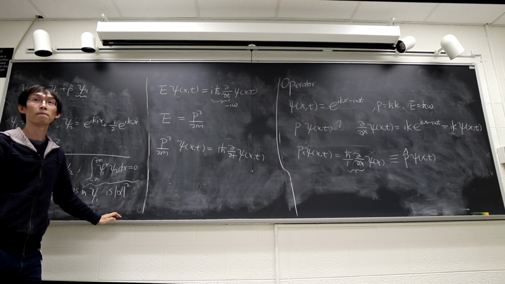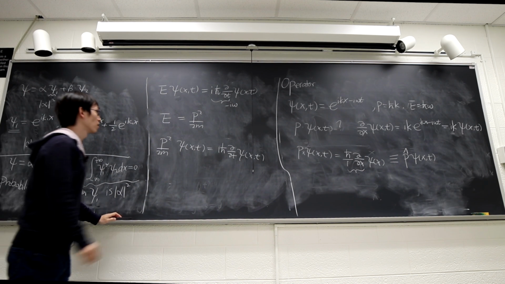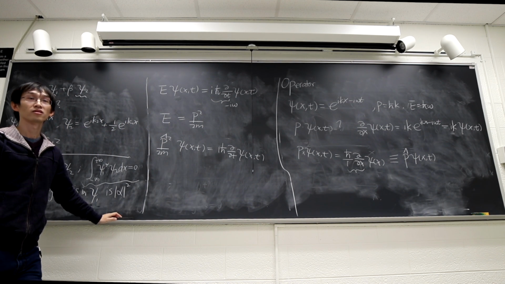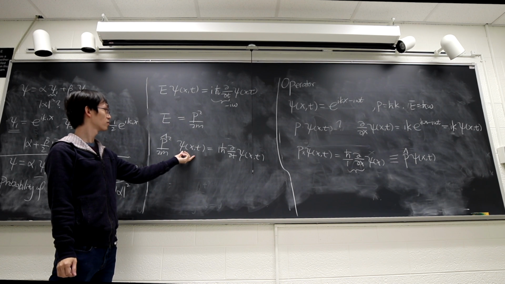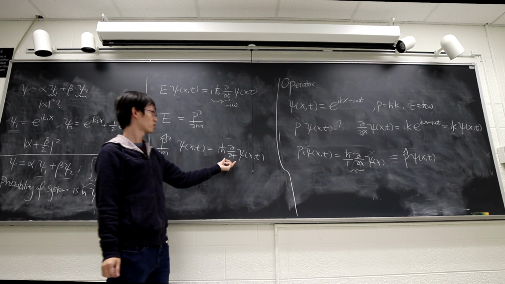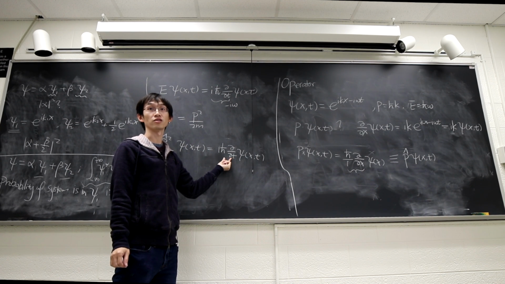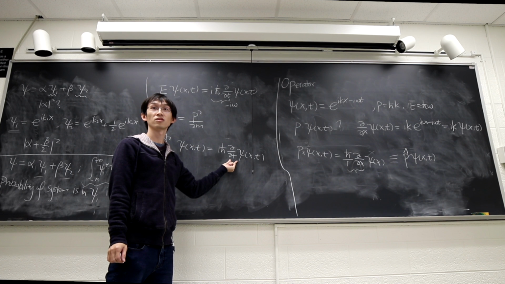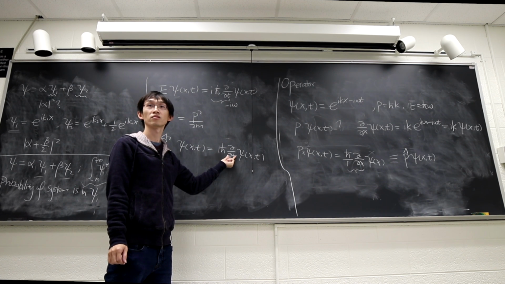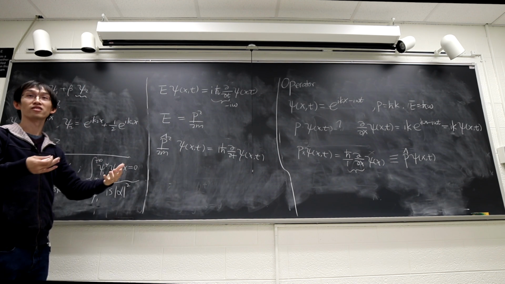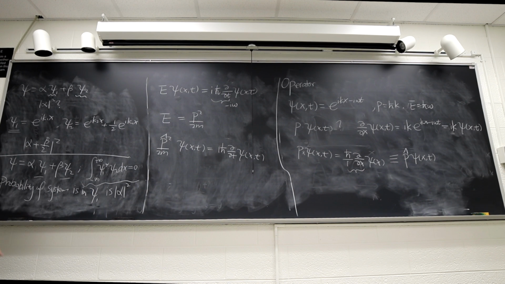And you change it to operator. The operation of this will give you momentum squared divided by 2m. The operation of this will give you energy. Since energy equals momentum squared divided by 2m, this must be true. And this is the Schrodinger equation of free space. Okay, make sense? Energy equals energy. That's simple.